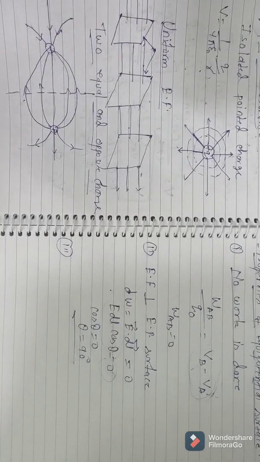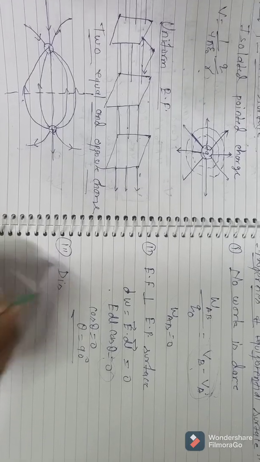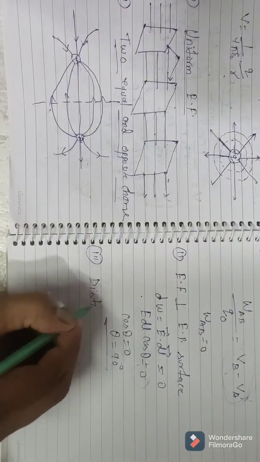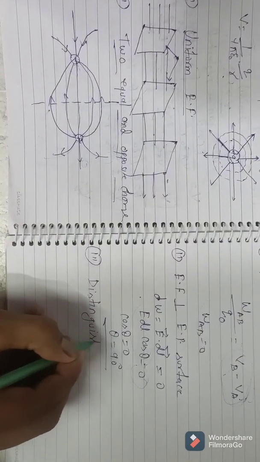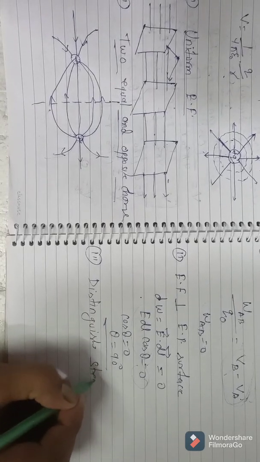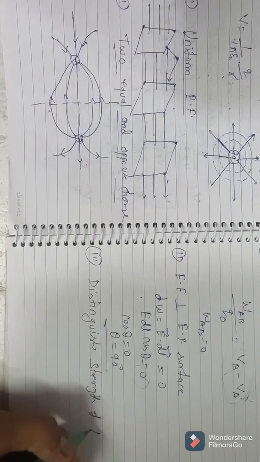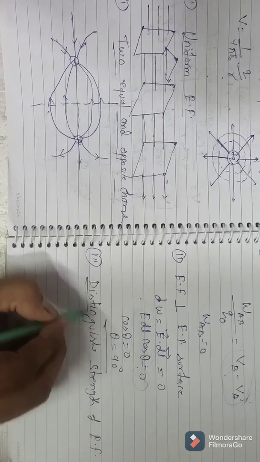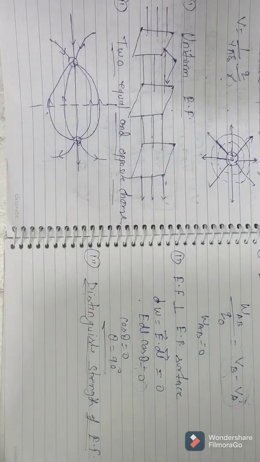equipotential surfaces help us to distinguish the regions of strong and weak electric field. We can distinguish between the regions of strong and weak electric fields. How can we do that?